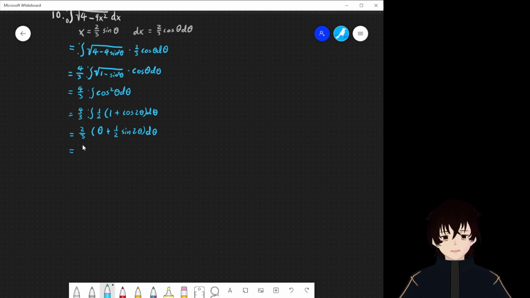And here comes the fun part, where we have 2 over 3 times, we're going to plug theta back in. So theta is equal to arc sine of 3 over 2x. Oh god, I am not doing this by hand.